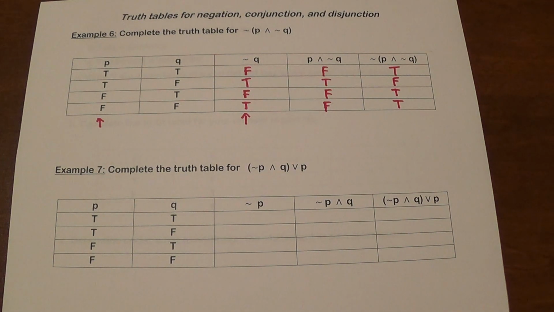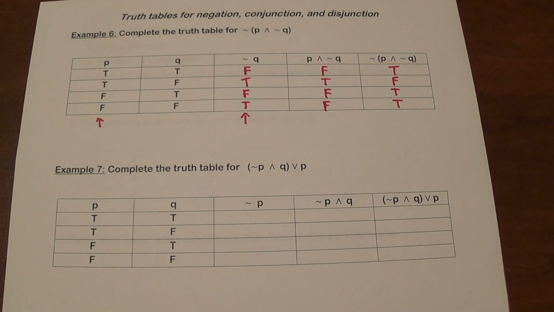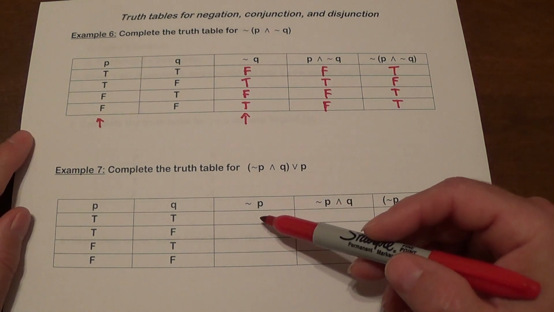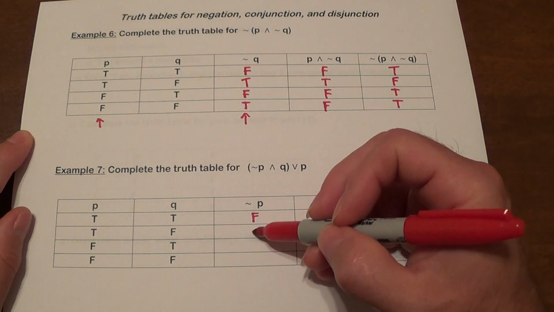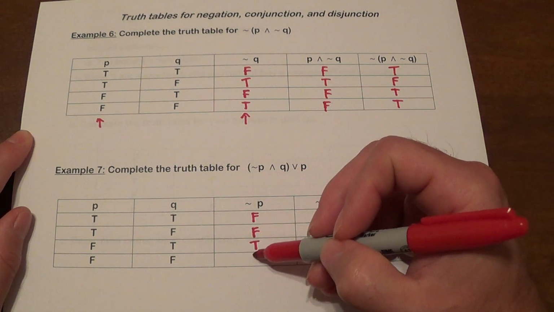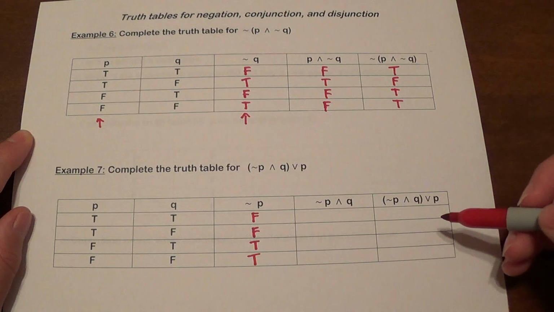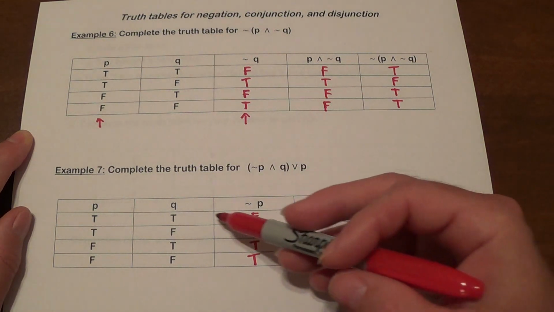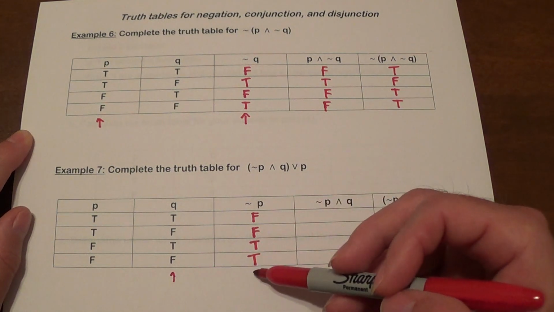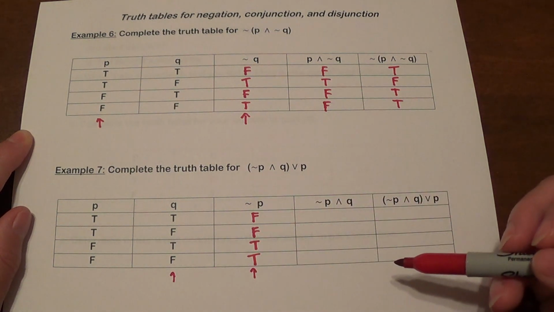Okay, so next one, we have not P and Q, and the whole thing is going to be or P. Not P will be the opposite of P, so it's F, F, T, T. Then we're doing not P and Q, so we're looking at these two columns here for that.